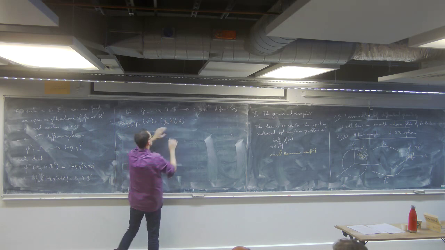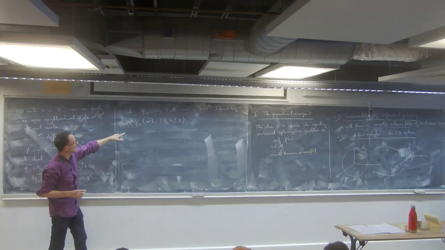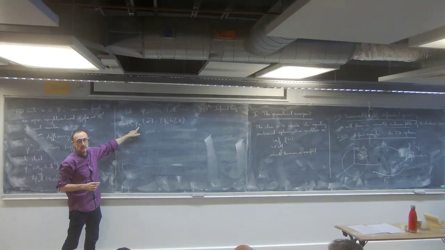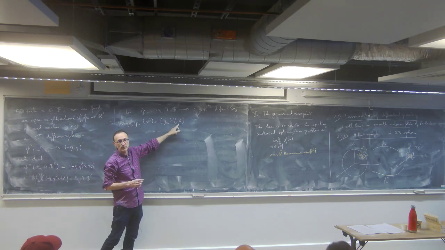So I just take the first two coordinates of the map psi x, because I know that if this point belongs to this set, then the last coordinate is 0.